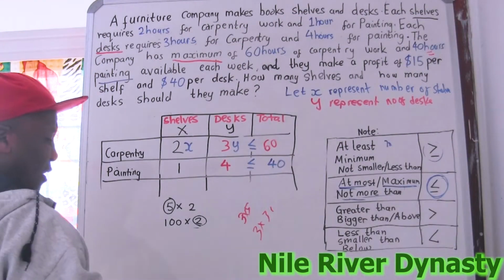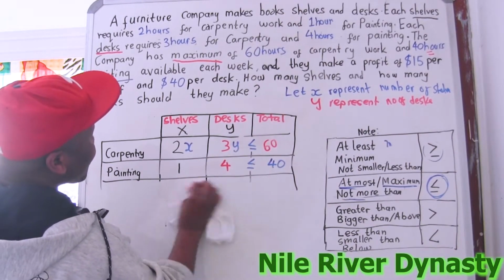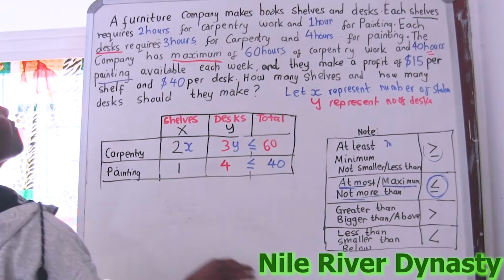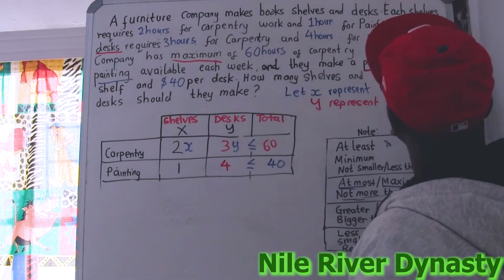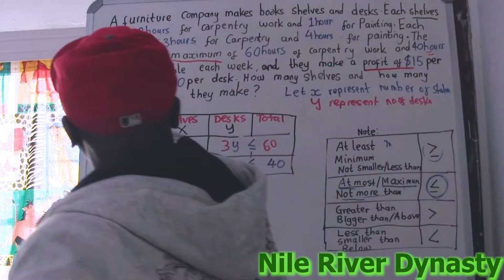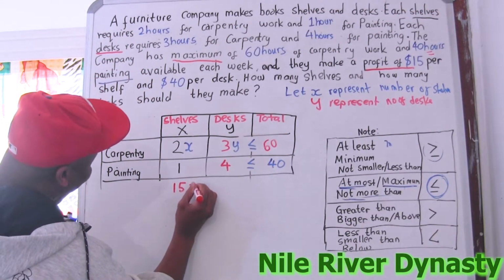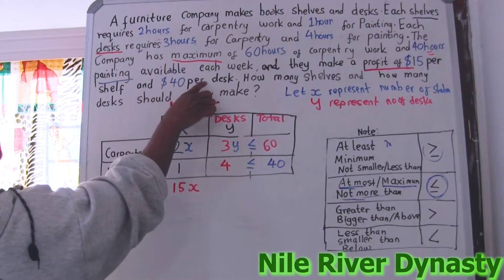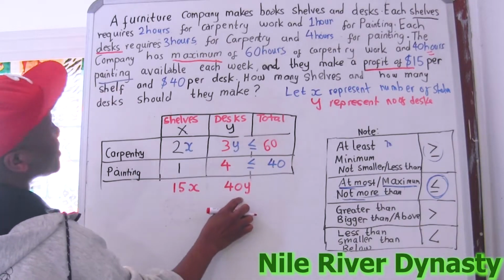So after this, there's something called the profit and loss function. They have introduced the profit function here. They say they're going to make a profit of 15 per shelf. For shelf it is X, so it's going to be 15x, and 40 per desk.